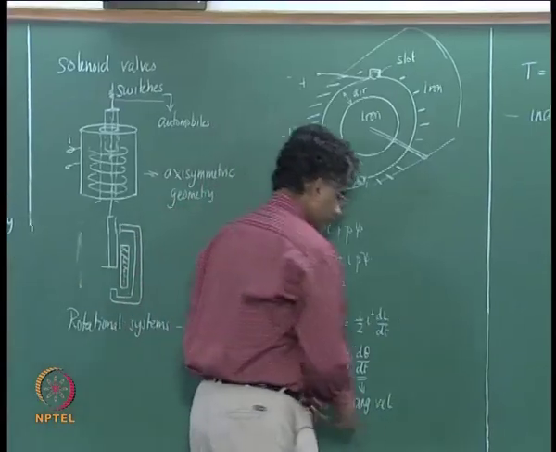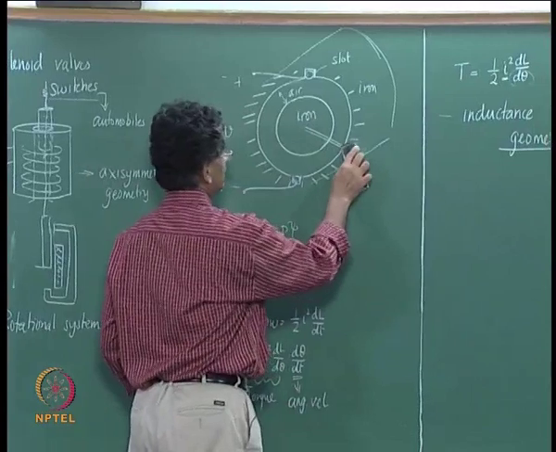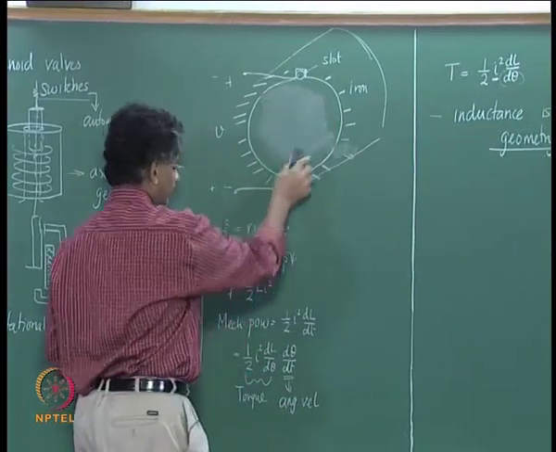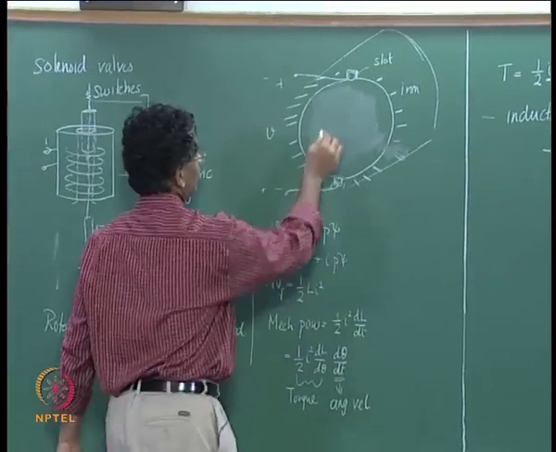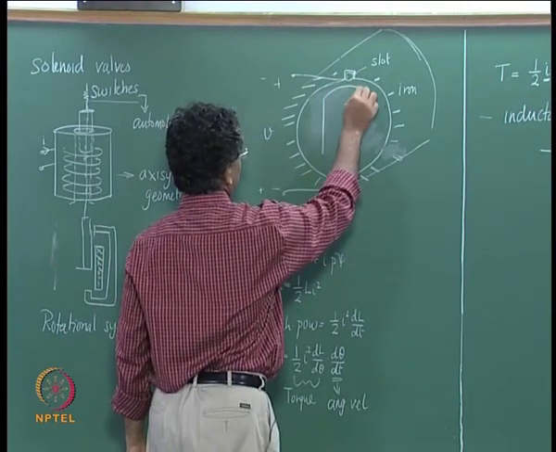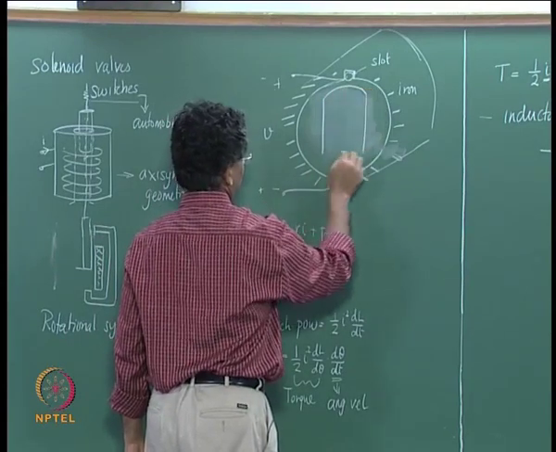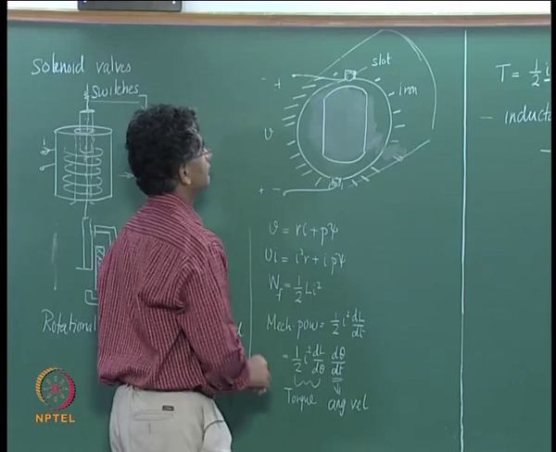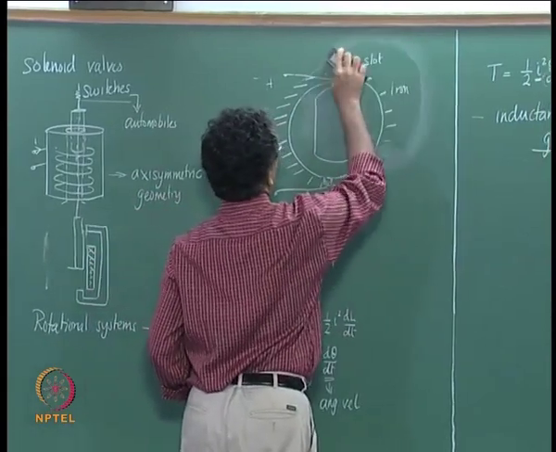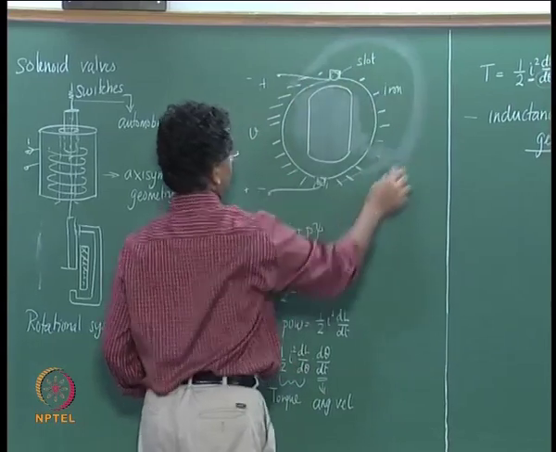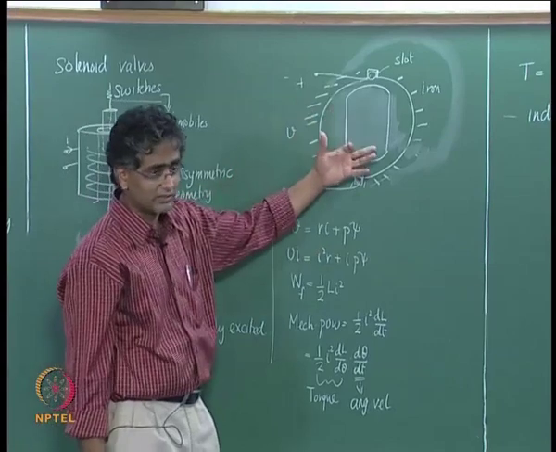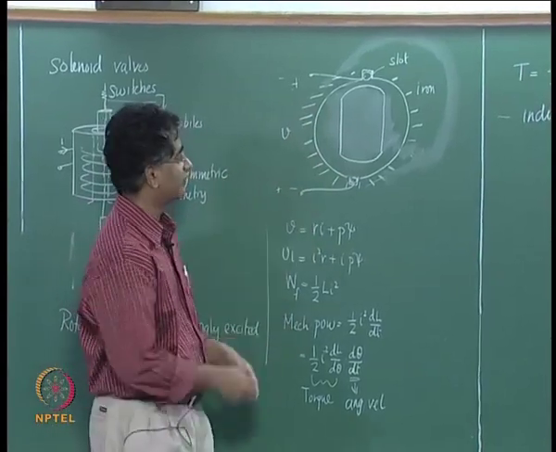On the other hand, let us say that the rotor is not fully cylindrical like this, but it looks like this. Let me also erase these lines, they can create some confusion. So if the rotor is like this, then it does make a difference.